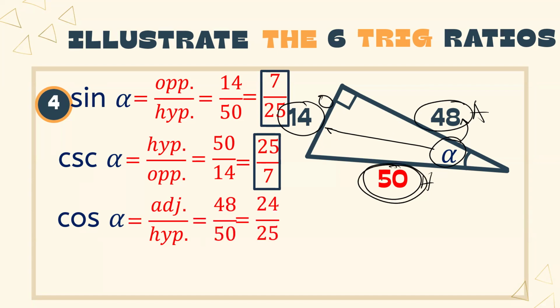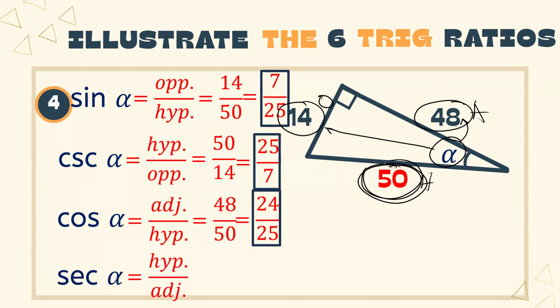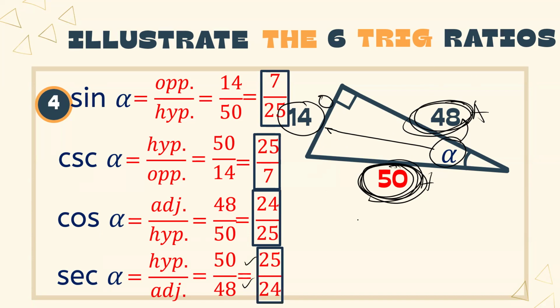So that's 24 over 25. And secant alpha is hypotenuse, 50 over the adjacent side, 48. Simplifying that, divide the numerator and denominator by 2, we get 25 over 24.